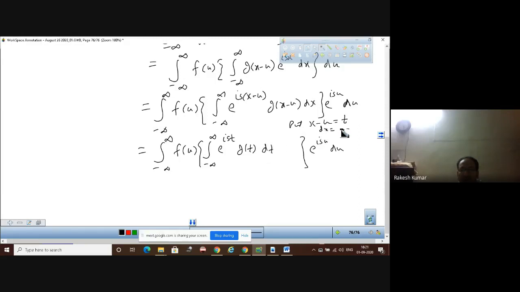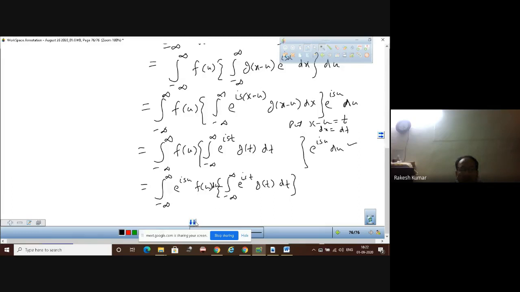You can find the derivative here. This is the outside term. Now in the next step, this e raised to power iota s u can be written over here with f(u), and the bracket term can be written as e raised to power iota s t g(t) dt. And this du can also be taken over here.